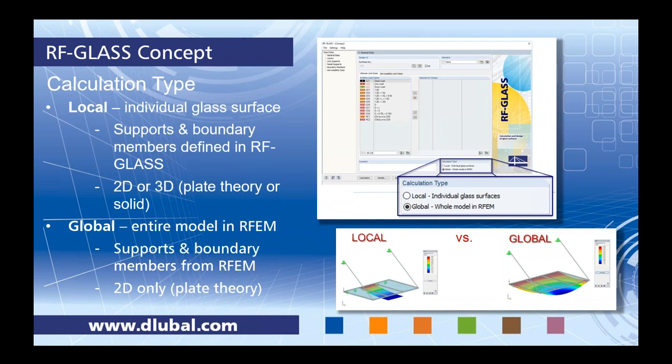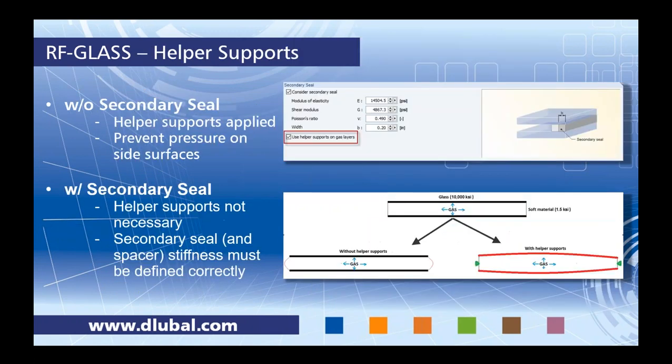The other reason being that the support types as well as the boundary members can be identified in RF glass in much more detail than what you could ever do in RFEM. So that's kind of the advantage. Again, we'll see that when we go through some examples today of local versus global.